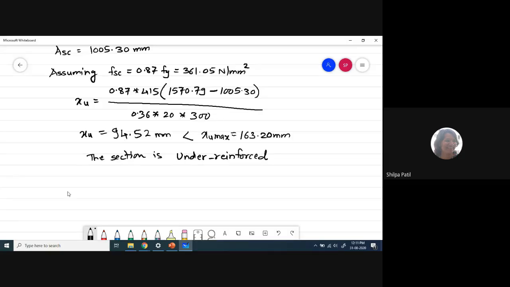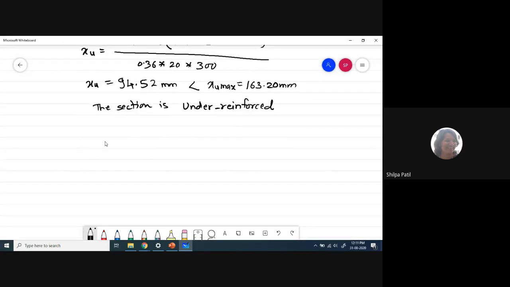Now let us calculate epsilon SC. Epsilon SC is equal to 0.0035 into bracket 1 minus DC upon XU. XU is 94.52.